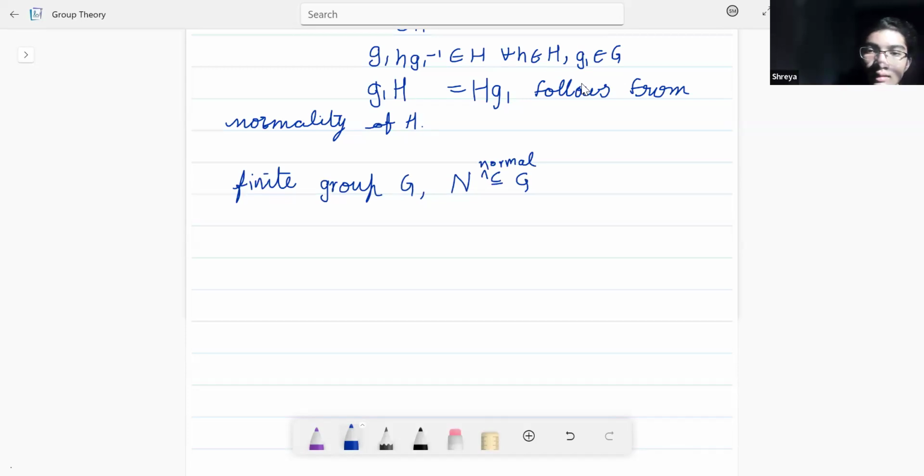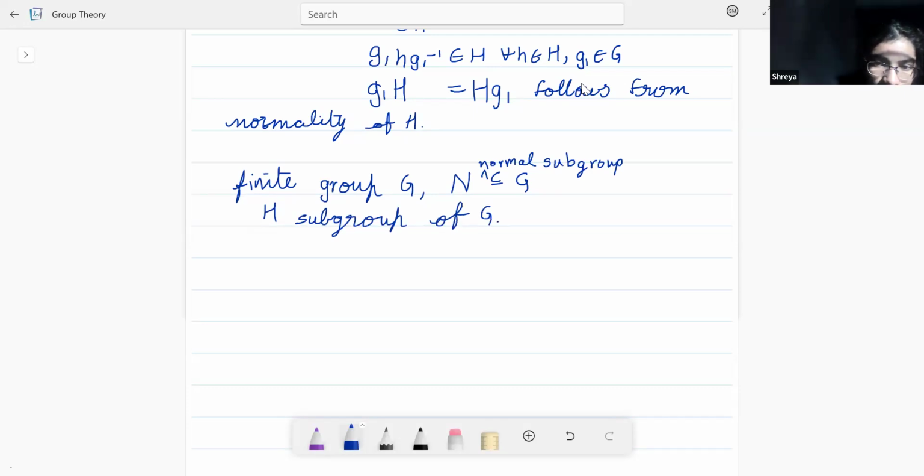of G. And there exists some H, also a subgroup of G. This doesn't have to be normal.